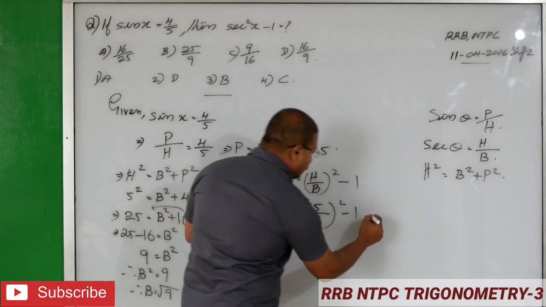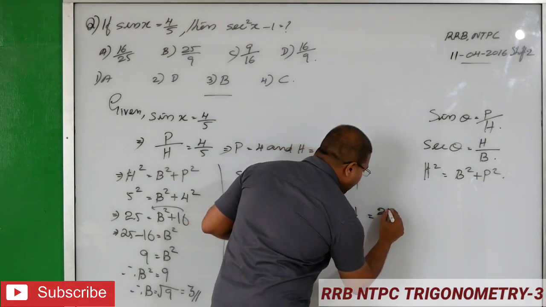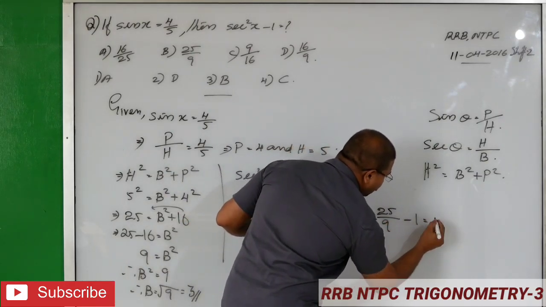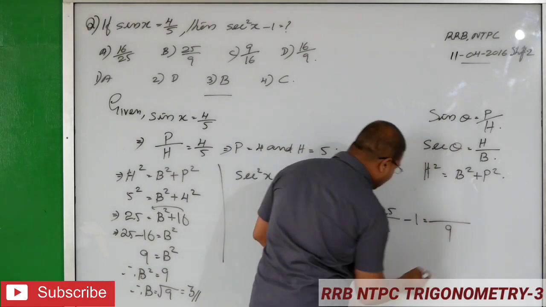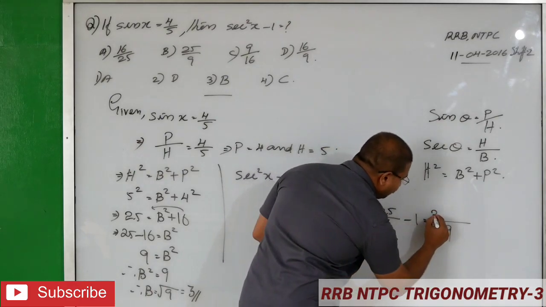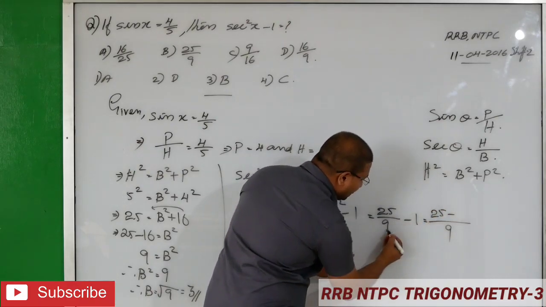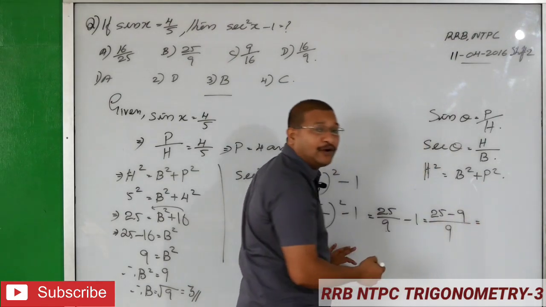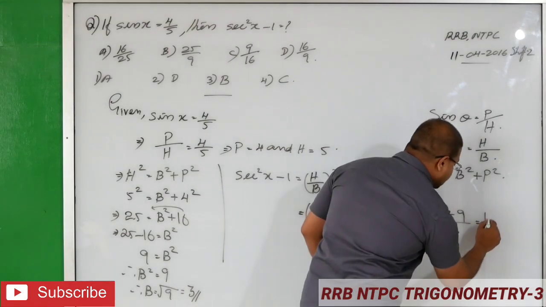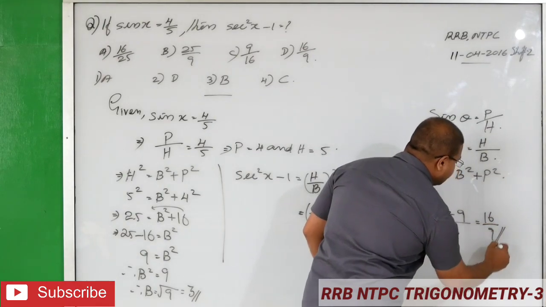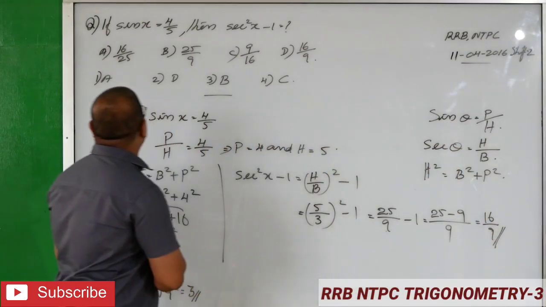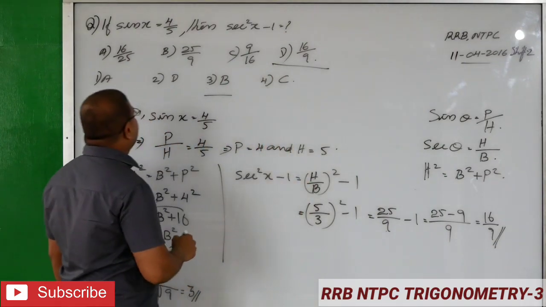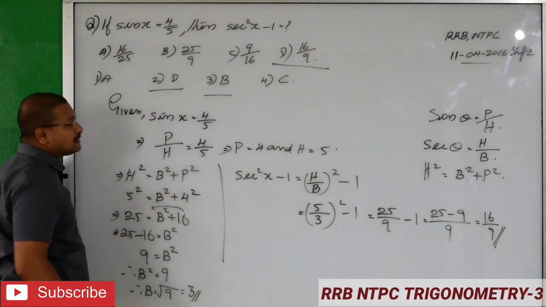This equals square of 5, 25, by square of 3, 9, minus 1. We will take the LCM as 9. Now 9 into 1, 9, equals 25 minus 9, that is 16 by 9. So 16 by 9 means the correct answer is D. That means the right option is 2, that is D.